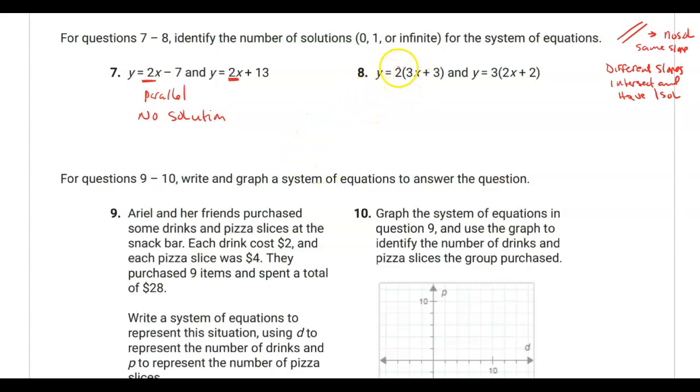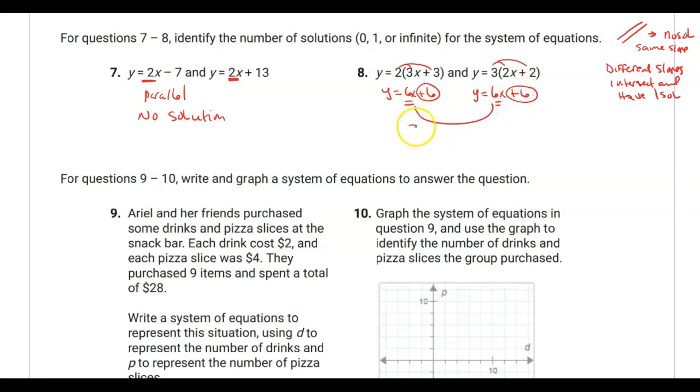The next one, even if I go ahead and distribute, it doesn't matter, but I'll go ahead and do that anyways. So we get y equals 6x plus 6, and over here, y equals 6x plus 6, right? Now, what happens here, you get the same slope. But here's the thing, they also have the same y-intercept.